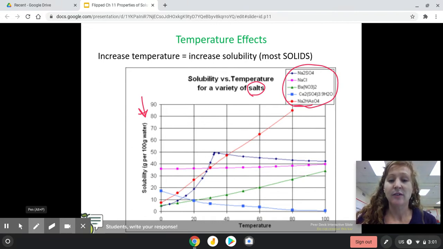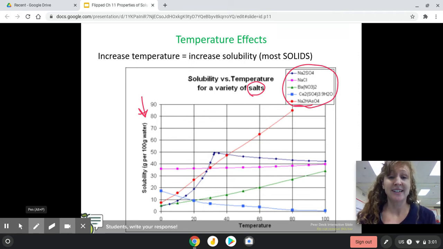So we talked about how as temperature increases for a solid, solubility is also going to increase. So notice it's generally true. Generally, but not always true. It's very true for the red one, some form of astatine oxide. It's fairly true for the barium nitrate.